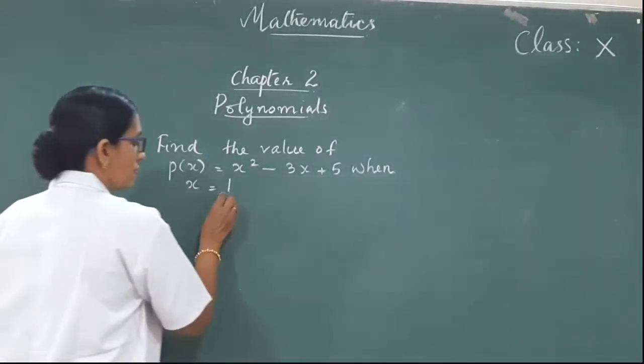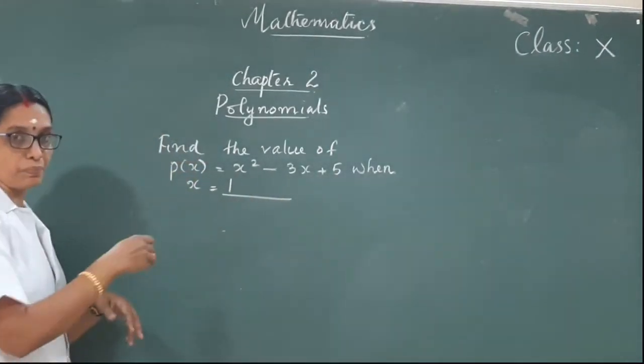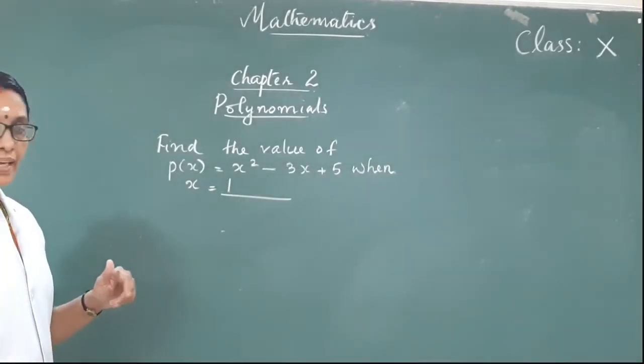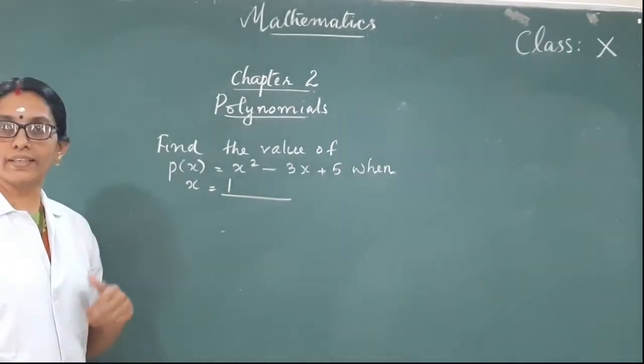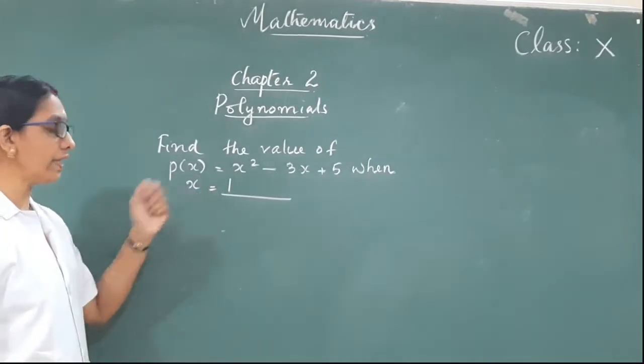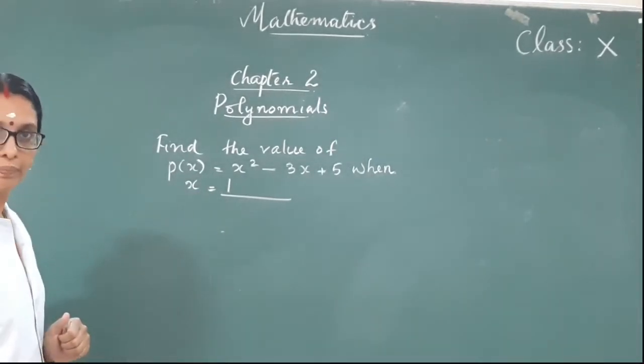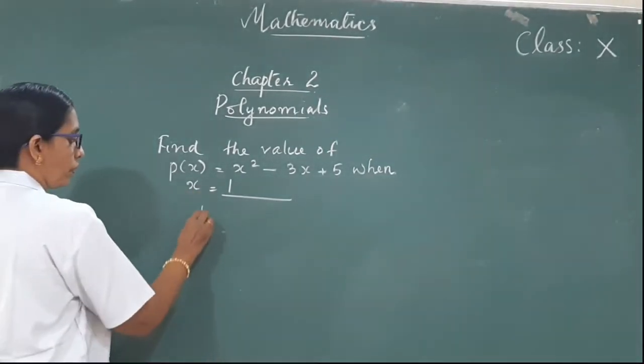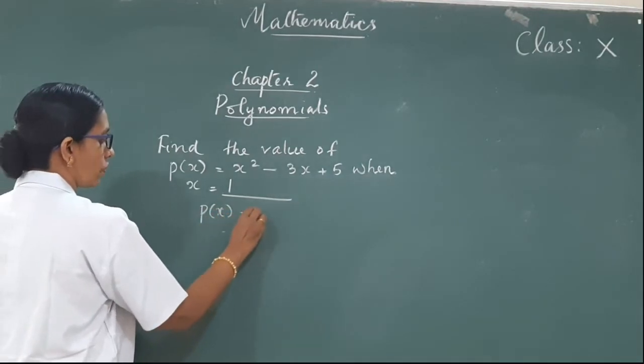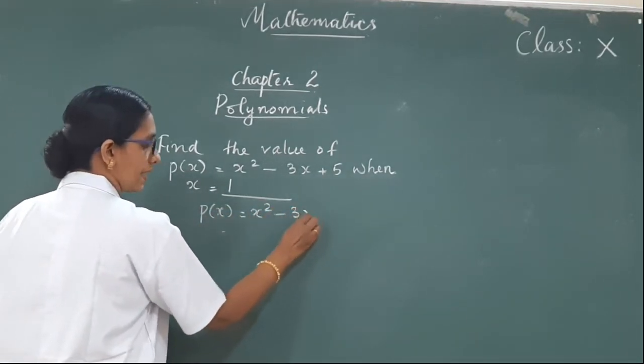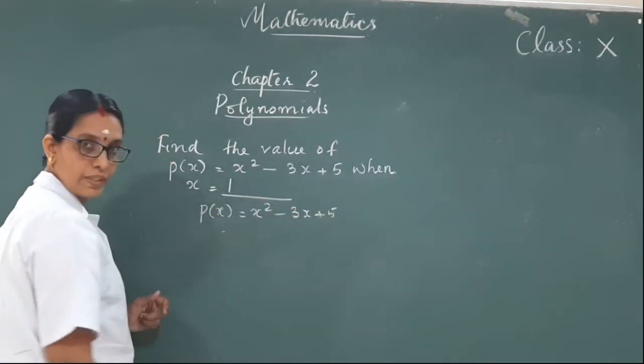You have seen the same type of question in the previous video also, and let's recall how we are giving the value for the variable in the polynomial. So what is our polynomial? p(x) is equal to x square minus 3x plus 5, isn't it?